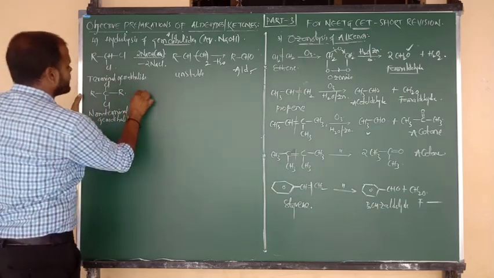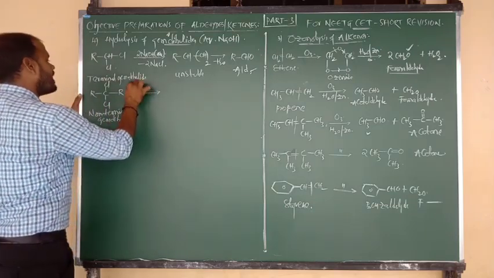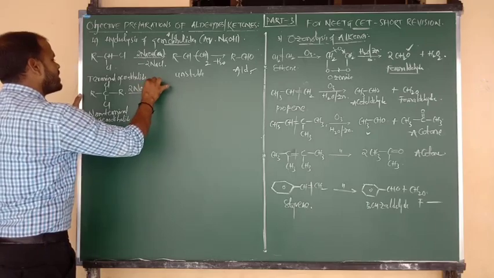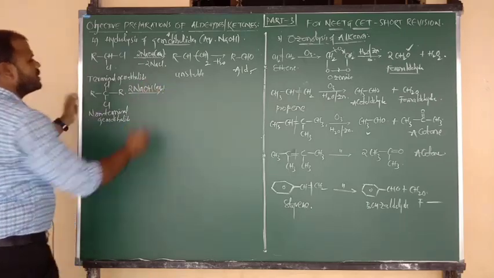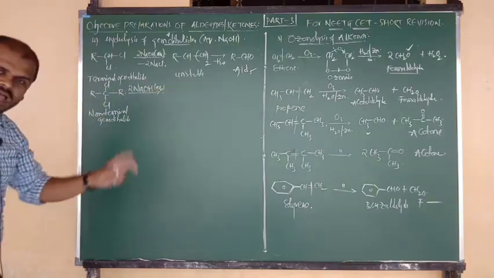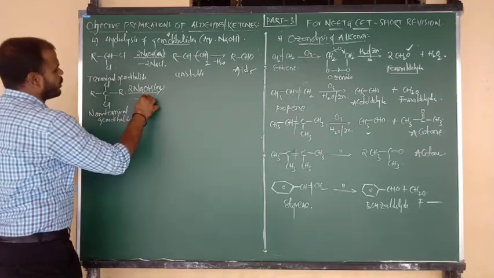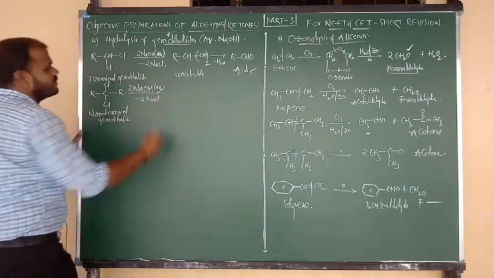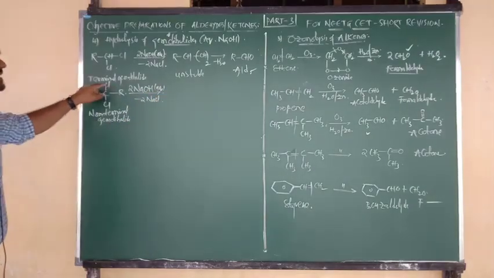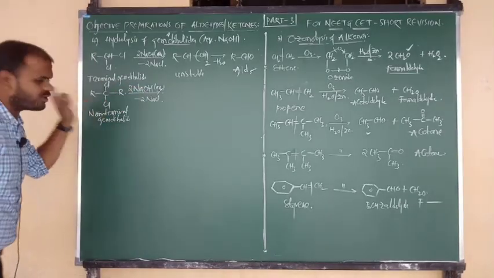Same thing, due to the presence of 2 Cl, it undergoes alkaline hydrolysis using 2 moles of aqueous NaOH. 2 moles of sodium combine with 2 Cl and are eliminated as 2 moles of NaCl. Cl is replaced by OH, again Cl by OH.